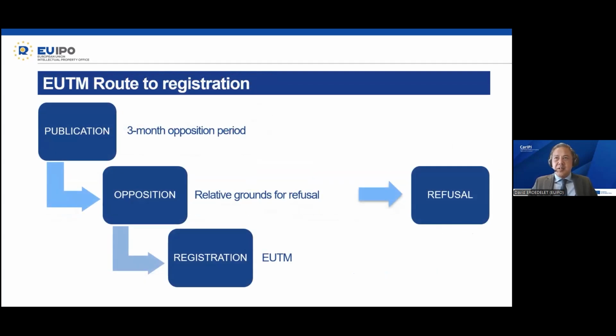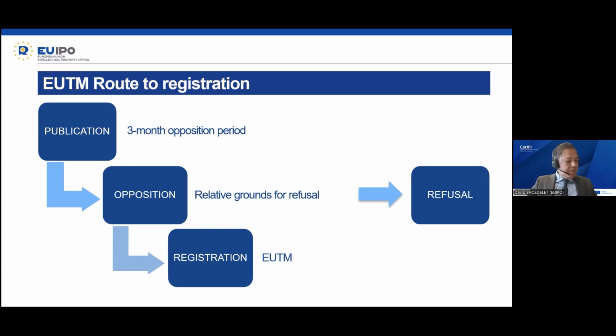So the opposition period is 3 months, as I said. In that period, third parties have the possibility to oppose the trademark that we intend to register. These are called the relative grounds for refusal. If you look in the guidelines, this is Article 8 EUTMR. I will not take you through this because I think that my colleague last time did it extensively with you.